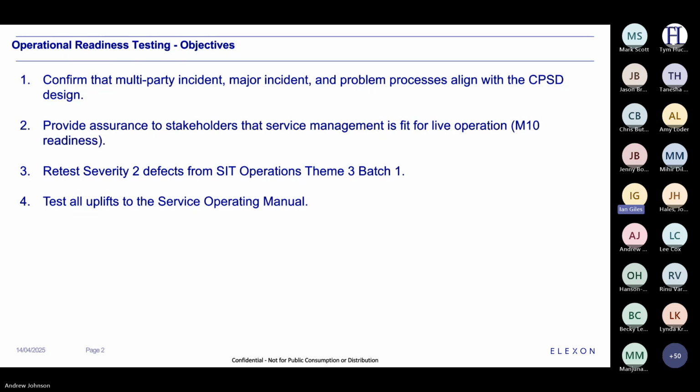I know there is a lot of work and a lot of discussions and agreement that need to be made on the cross-party service desk piece, and we have a further meeting this afternoon. But this is taking that is all agreed, and we've mapped that out, and this is the actual testing of it. It's also so we can provide additional assurance to our service management to make sure everyone's comfortable that it's fit for M10 readiness.